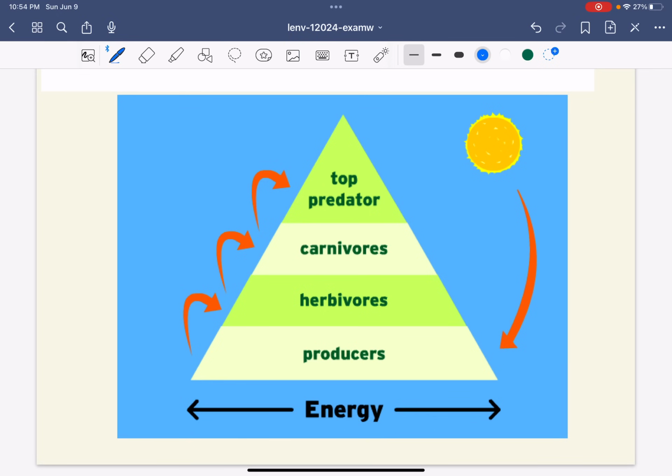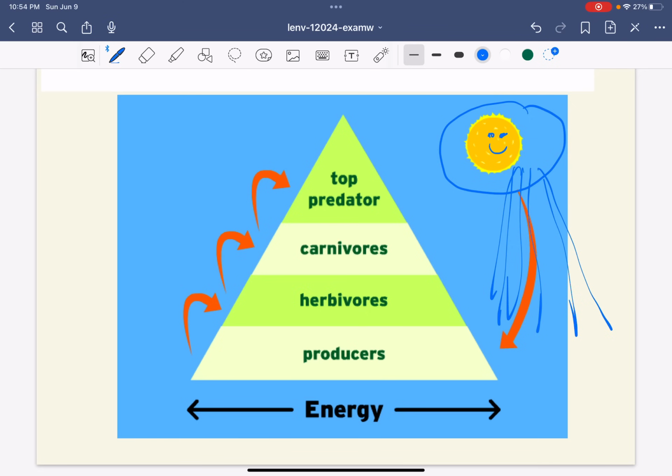So in our ecosystem, on Earth, where do we get our energy from? I heard you. I literally heard you. From the sun. We get our energy from the sun, everyone. My beautiful cyber students. Massive amounts of solar energy come onto the Earth.